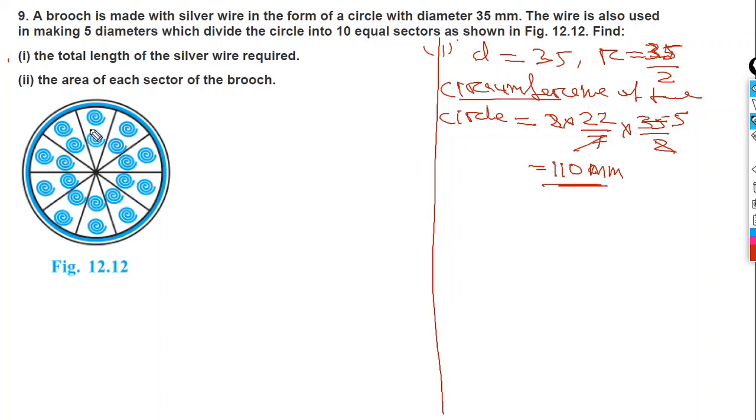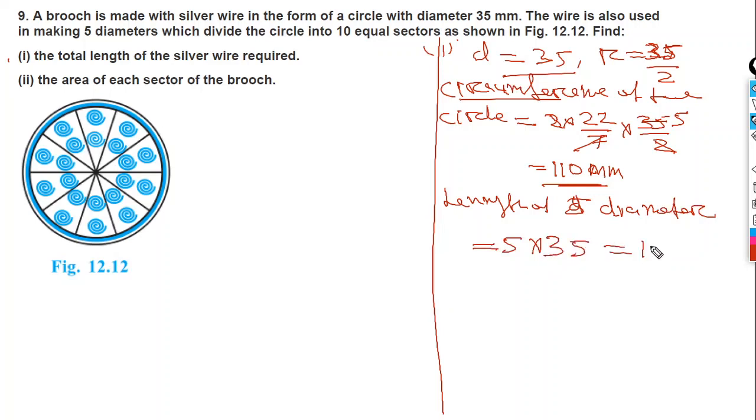Now we will see the length of the diameters. How many diameters are there? 5 diameters. Length of 5 diameters is equal to 5 into 35, which will be equal to 175 mm.